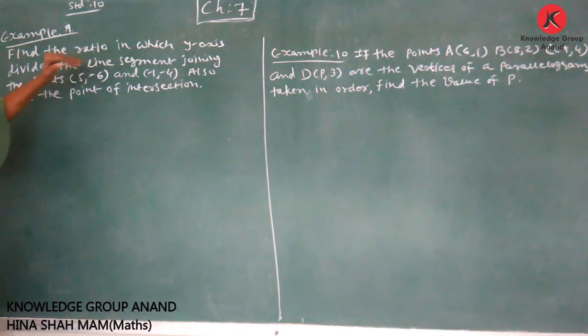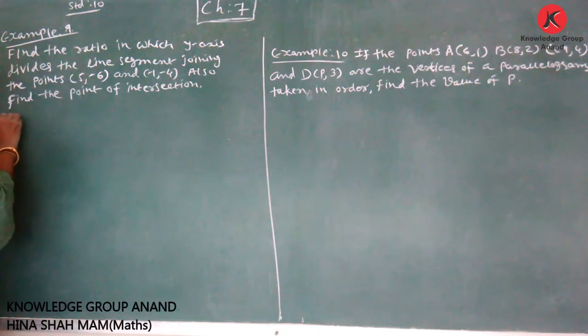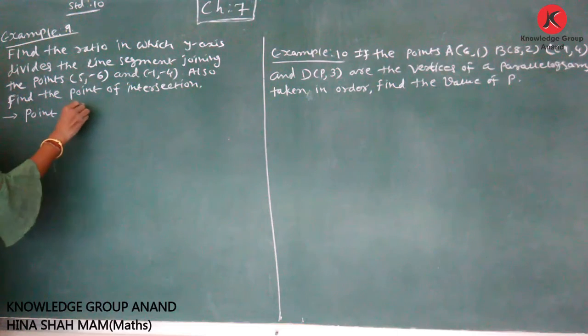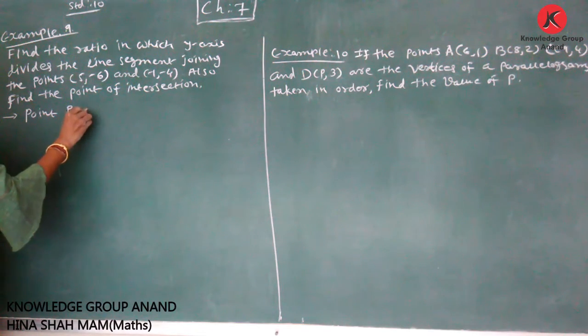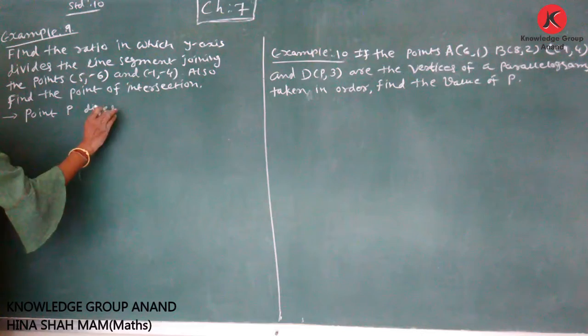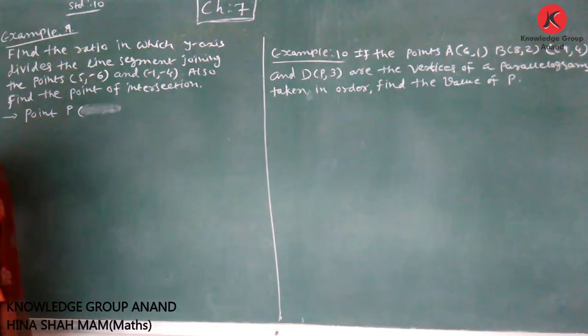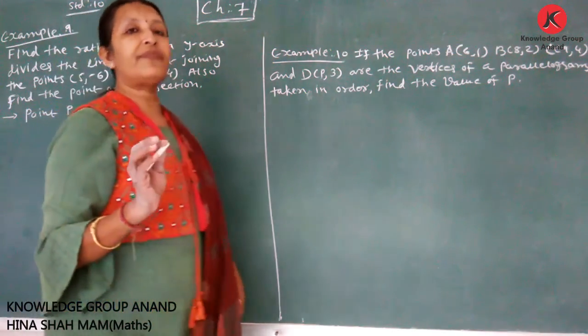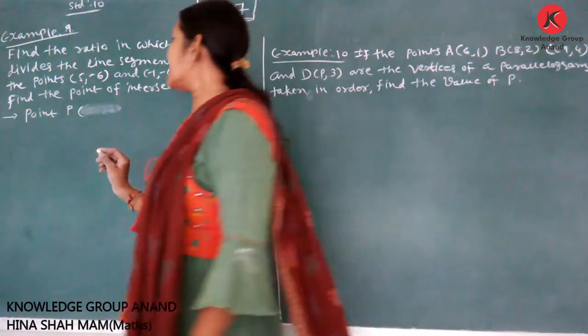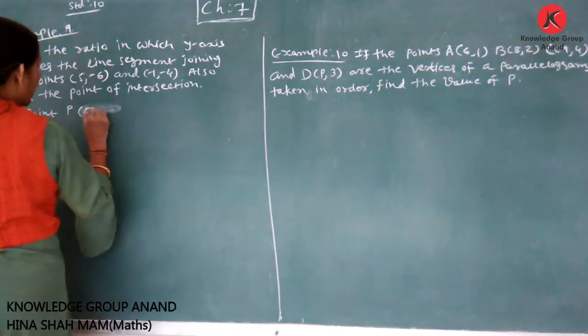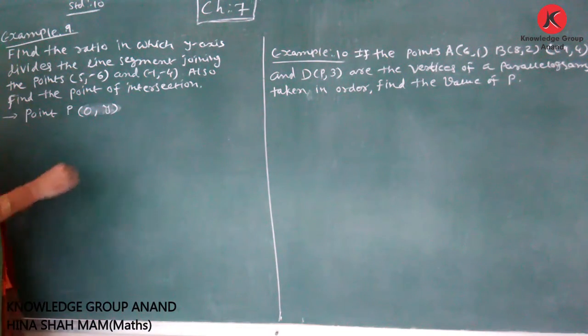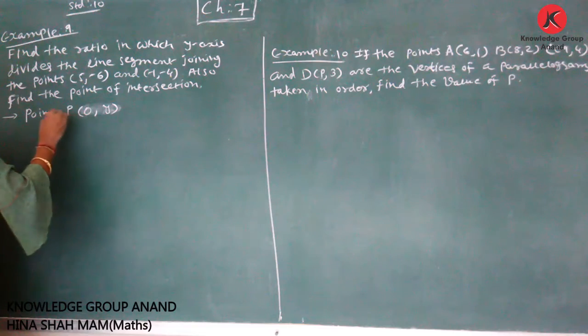Find the ratio in which the y-axis divides the line segment. The point P is on the y-axis. Therefore, its coordinates are (0, y).